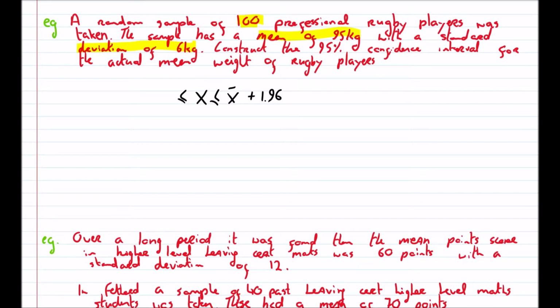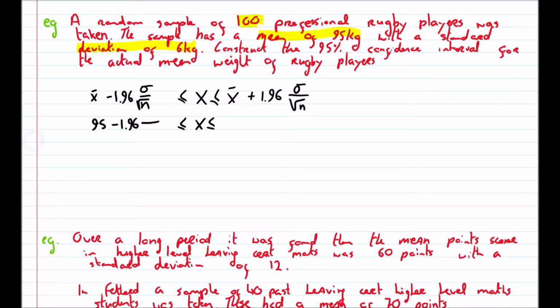So it'll be plus 1.96 standard deviation over root n, and again the mean that we got minus 1.96 standard deviation over root n. We fill that in. The mean that we got was 95 kg minus 1.96, so that's root n.